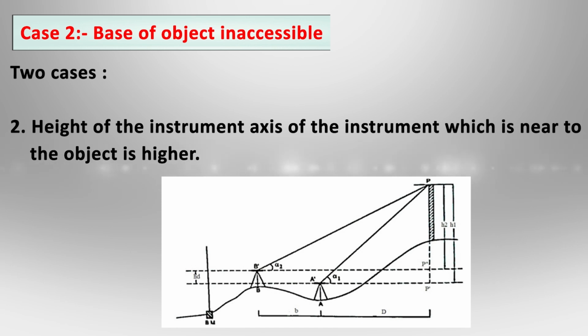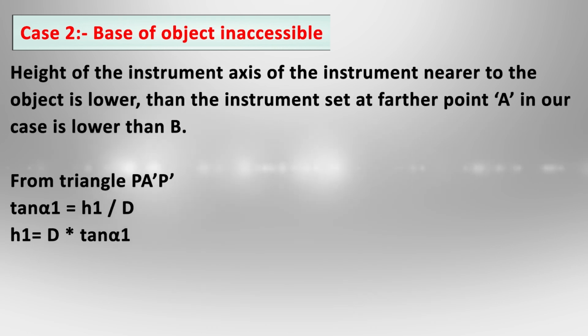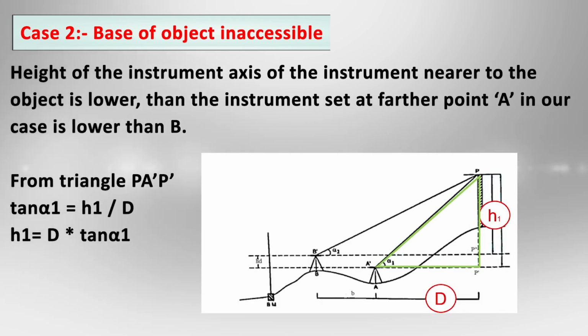So these two cases we will consider. Height of the instrument axis of the instrument nearer to the object is lower than the instrument that is farther from point A, in our case, is lower than point B.